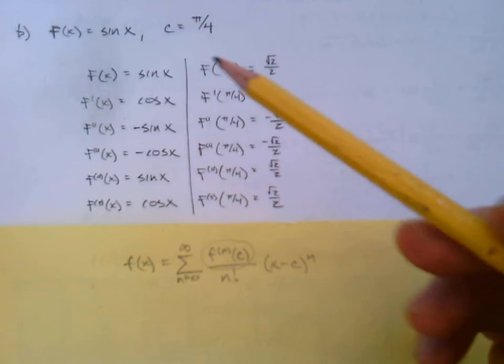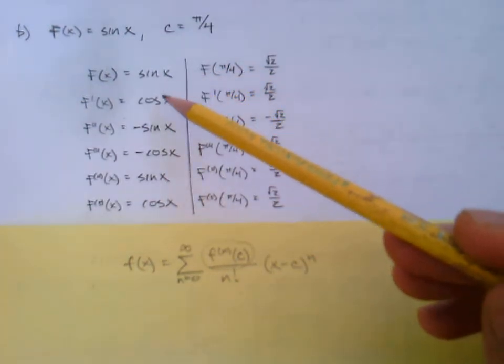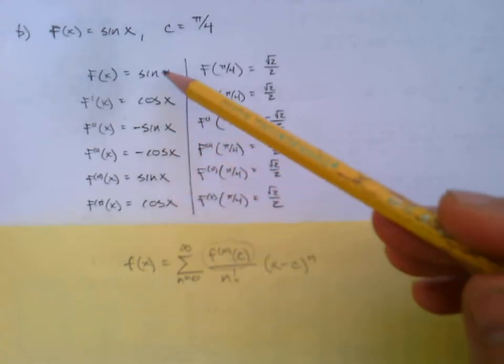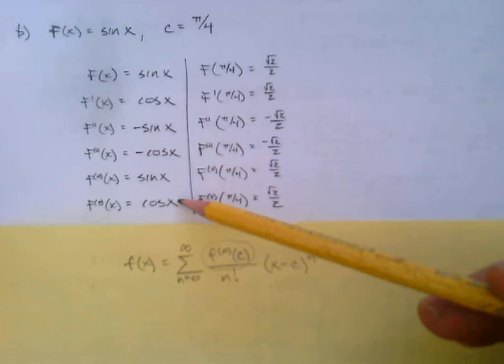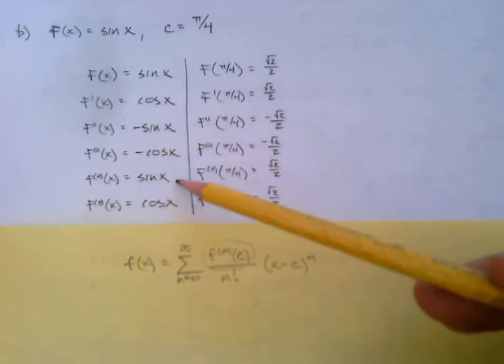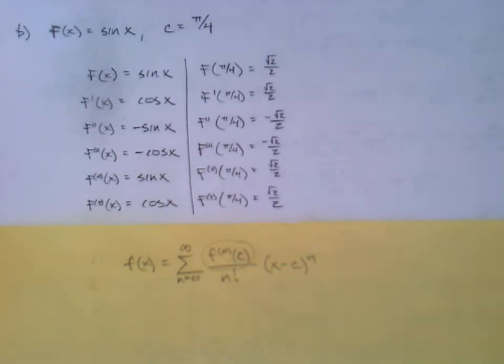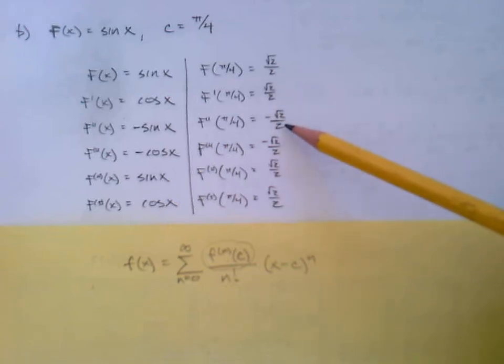Why did I go this far? Well, because sine has this cyclical derivative, right? I eventually wanted it to double back on itself, and then I decided to go one further. So we see the full cycle of sine and cosine, and even one more. That'll be clear why later. When we evaluate, our second derivative is negative root 2 over 2.